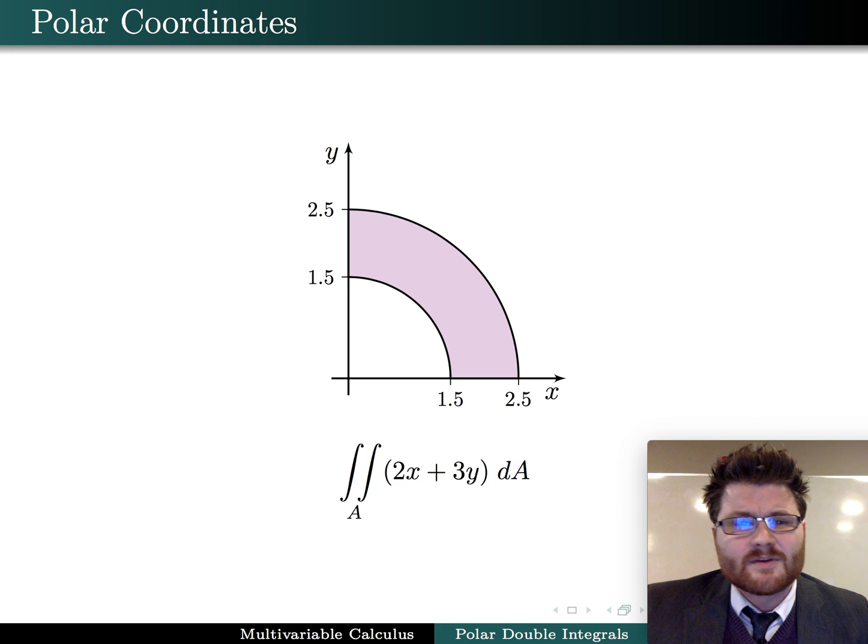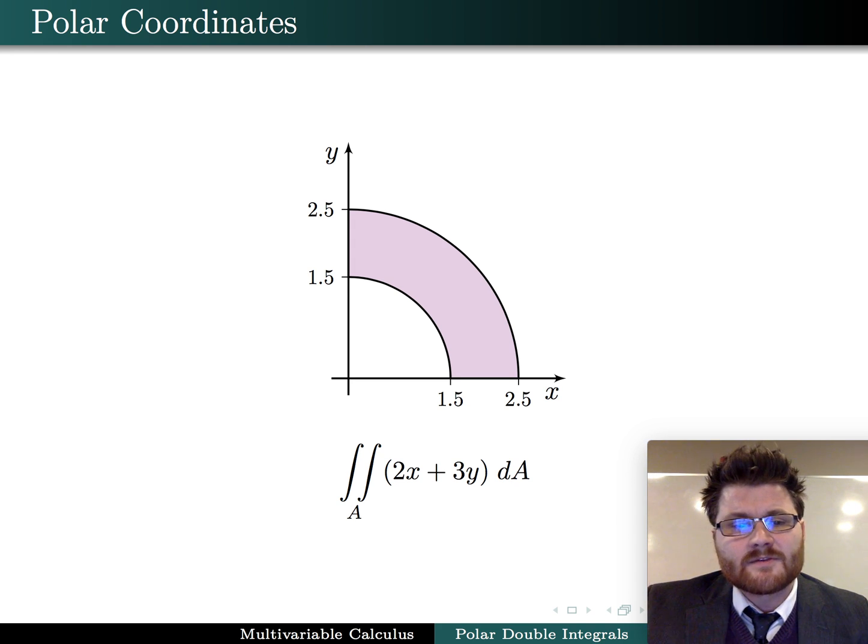So it's not particularly nice. It ends up being a bit messy. You have to break it into two pieces, whichever way you slice it, because it's not always one function giving one boundary and the other function giving the other boundary. Things switch up, and you've got to deal with just going as far as one of the coordinate axes, one way or the other, whichever way you choose to do it.